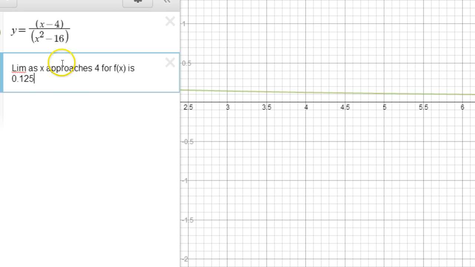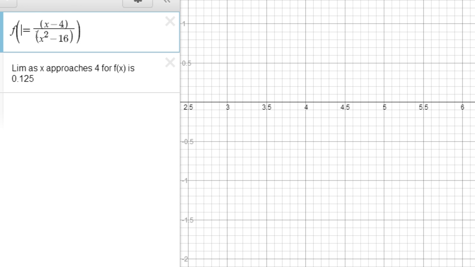That's how I would say it. Let's go back and actually call this f of x. There we go. So the limit as x approaches 4 for f of x is 0.125.